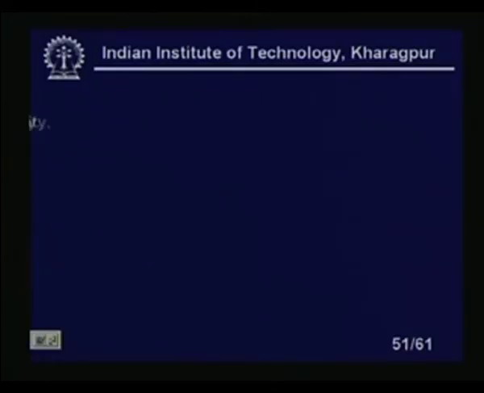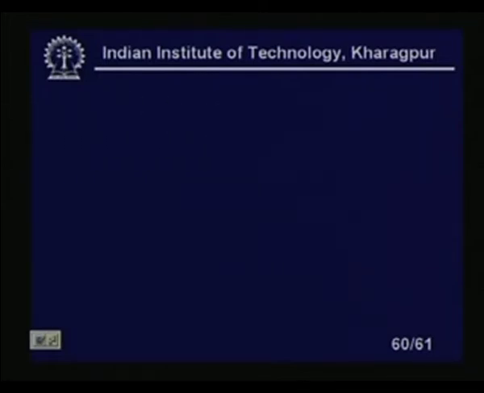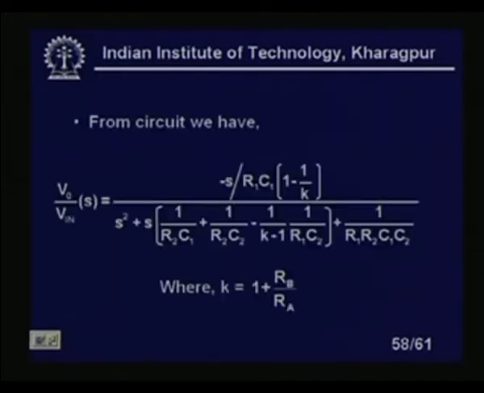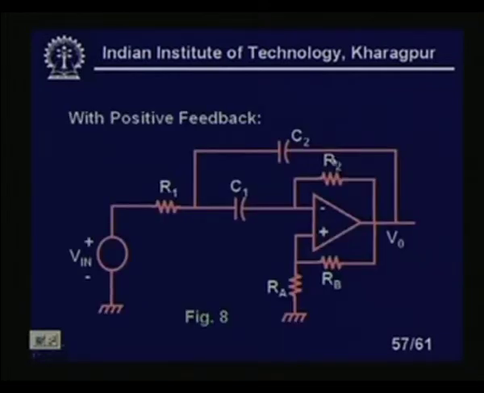You see, this is the basic band pass circuit we have discussed. So, this is an enhanced negative feedback band pass circuit, that means a negative feedback circuit with positive feedback.